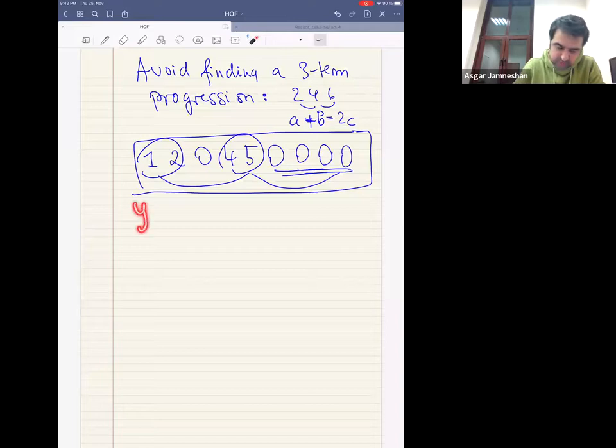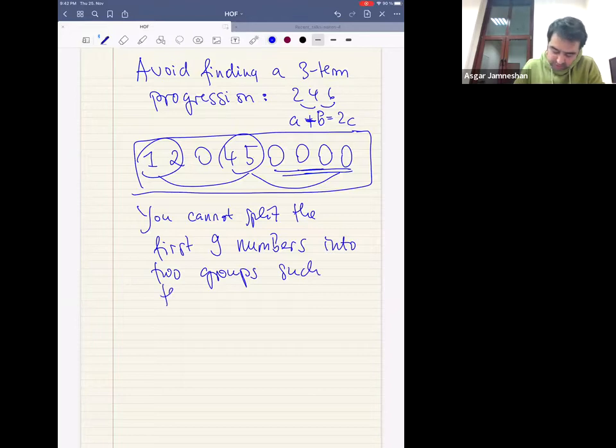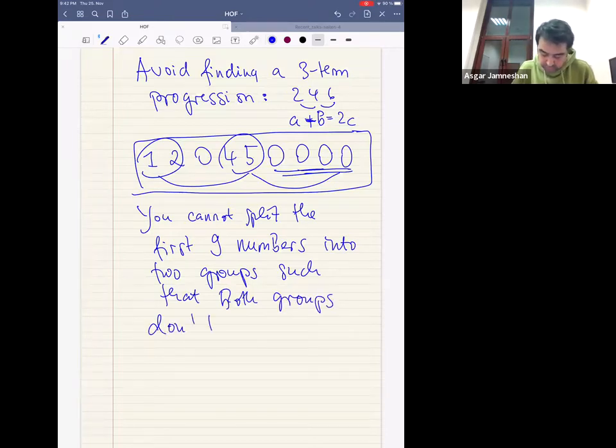You cannot split the first 9 numbers into 2 groups such that both groups don't contain a 3-term progression.